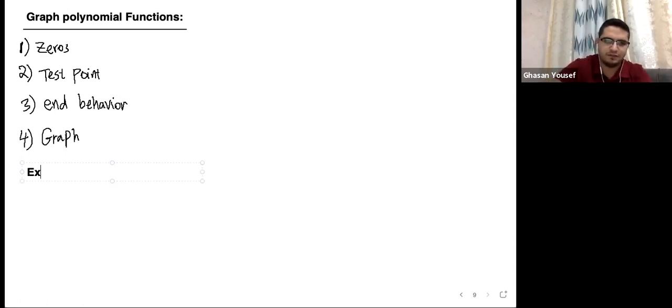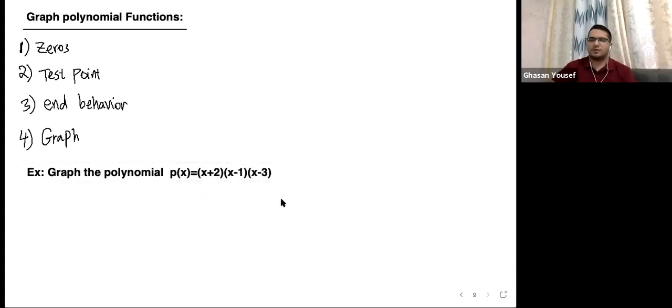Example: graph the polynomial b of x equals (x plus 2)(x minus 1)(x minus 3).